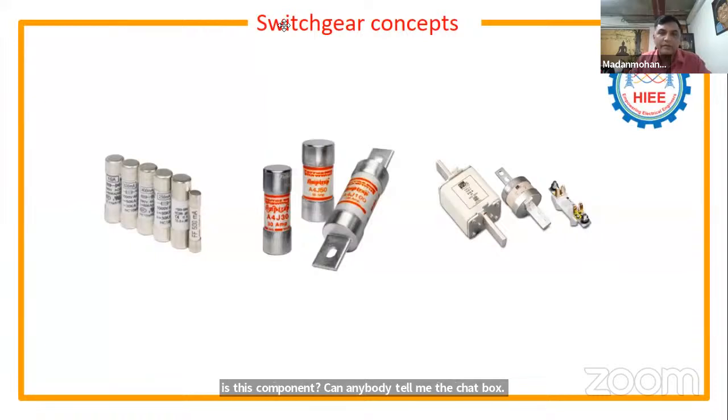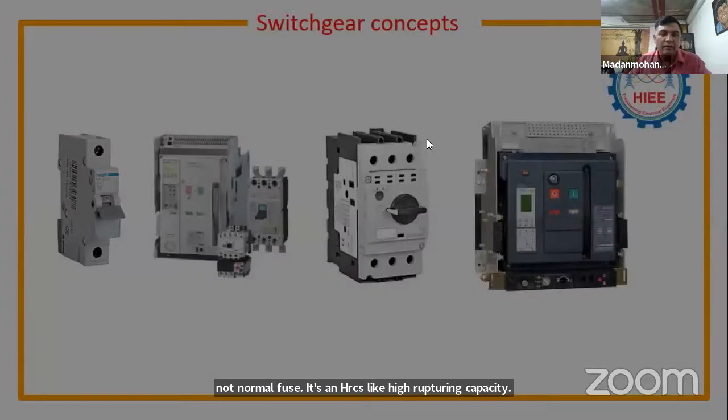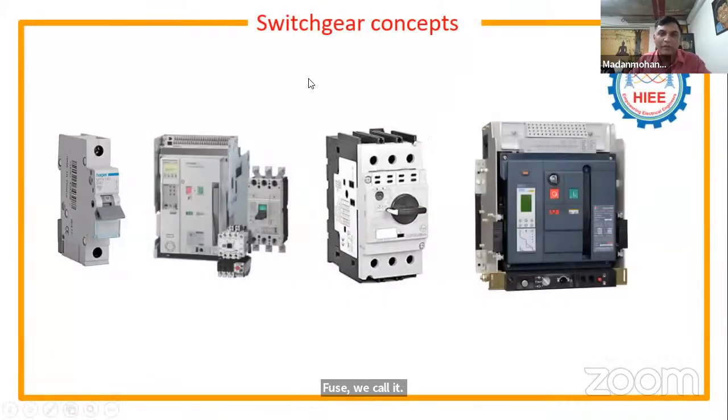It is very easy, I think, for you people. Yes, you're right. This is not a normal fuse. It's an HRC fuse, high rupturing capacity fuse, as we call it.